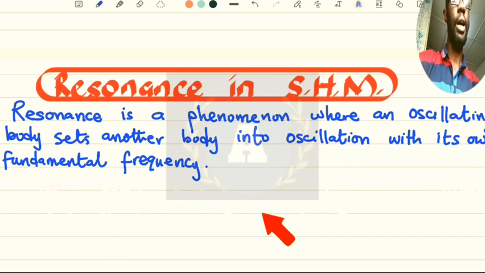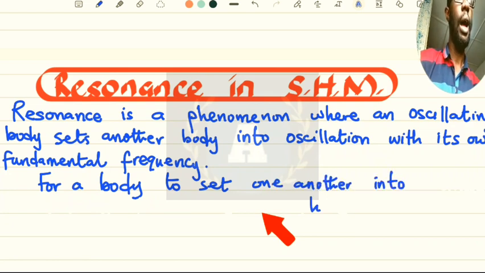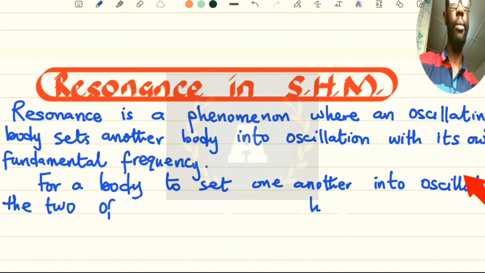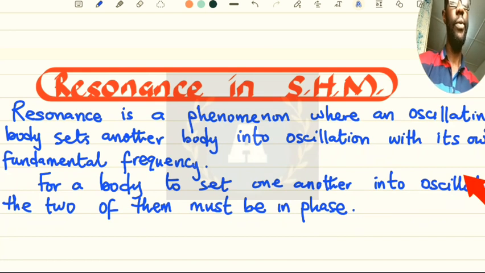So for us to have resonance, for a body to set another body into oscillation, they must actually be in phase.